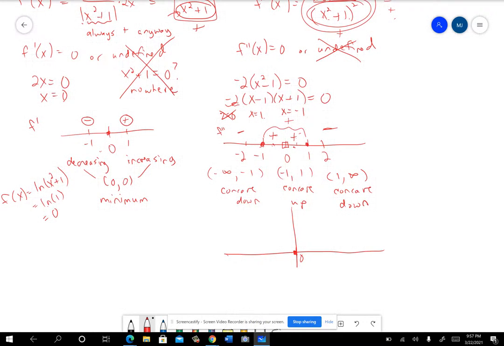So we know there's nothing below that. Then we're going to come over here at -1 and at 1 and see the change down to up to down. So that means those are going to be inflection points here and here.